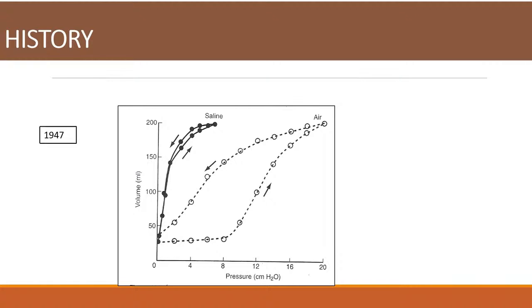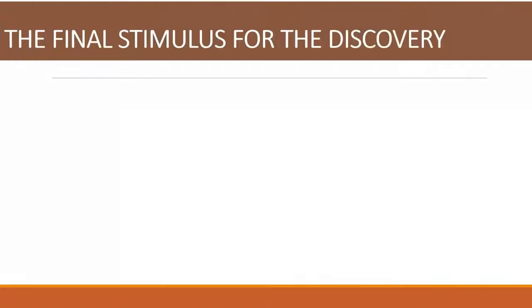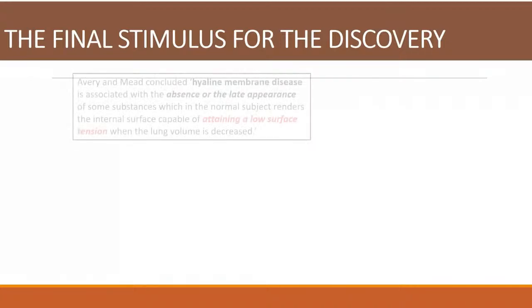That is, the unit increment in volume achieved for unit increment pressure was much higher when compared to the normal air-filled lungs, which allowed the presence of an air-liquid interface, leading to the understanding that surface tension was a physiological concept that was responsible for airway collapse, and a decrease in surface tension is necessary for adequate lung expansion.